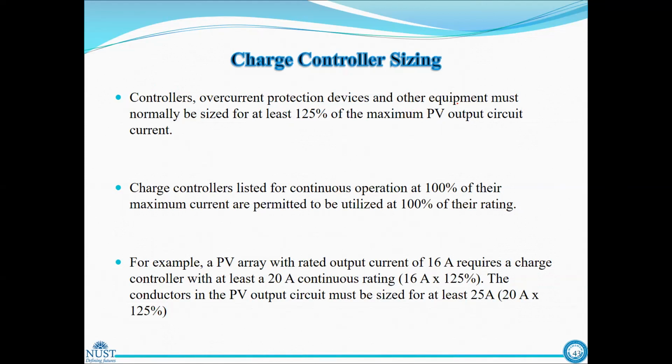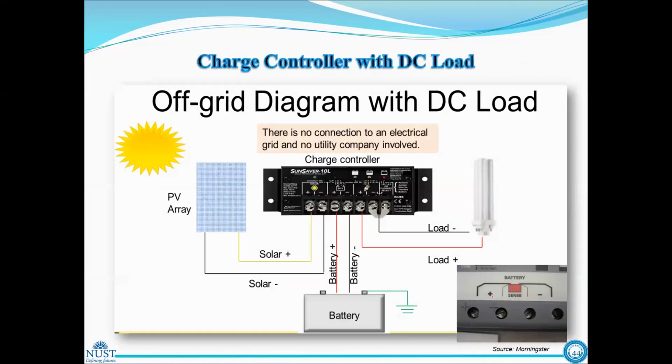You can say 25% can be added for controllers, or 25% can also be added for wires and other values, because there can be certain kinds of losses in this system. Here is an example. For example, if 16 amperes is required, then we should size the controller for 20 amperes, 25% above 16 amperes. And then for other conductors, we should also consider another 25% rise. So 25 amperes should be considered for designing.